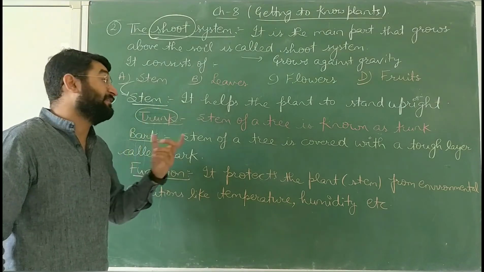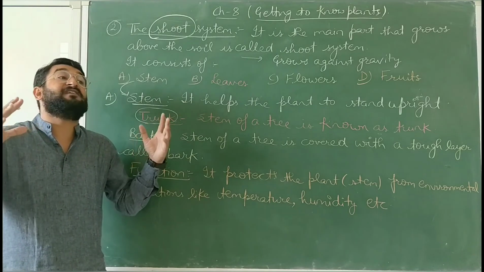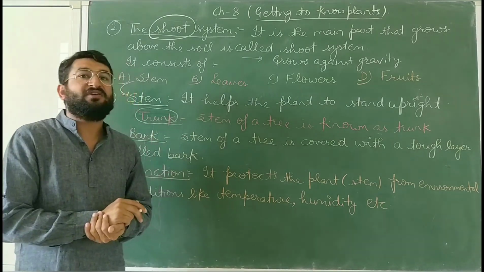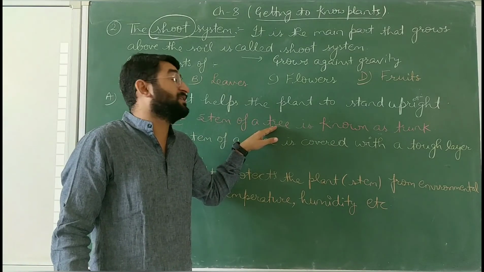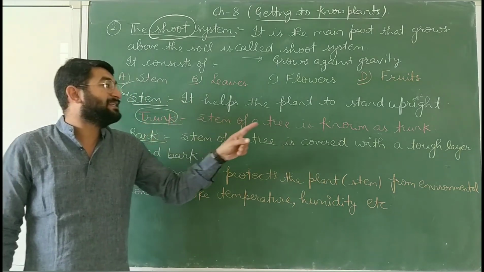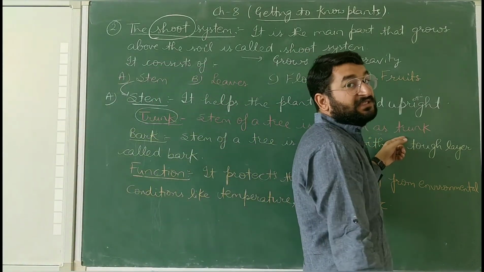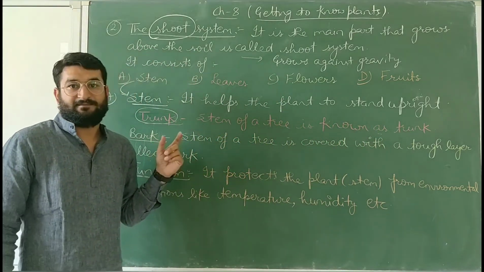Why do we give it a specific name? Because stem of trees is very thick, bachcho. It is not very soft. It is very thick. So stem of a tree is referred to as a trunk. It's a specific term for stem of a tree.